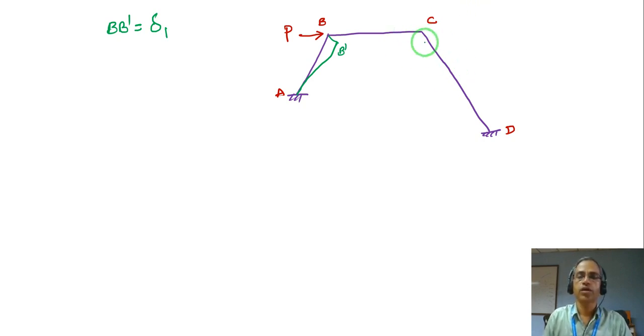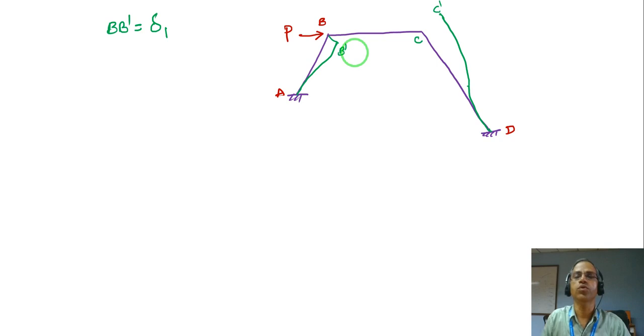Now if you look at the displacement in CD, because of the horizontal right-hand side load, this also displaces to the right-hand side, something like this. So the point C will deform to a point, let us say, C dash.